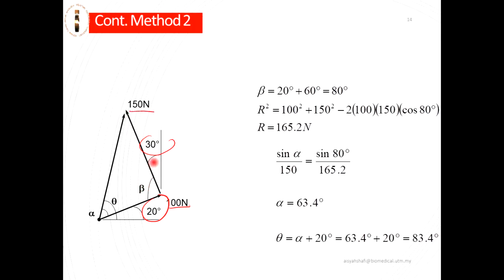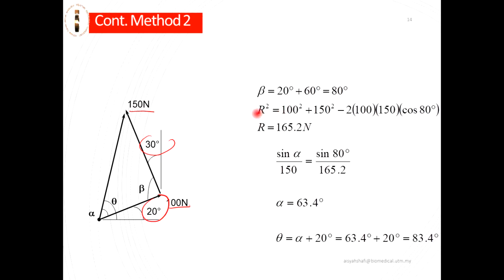So okay, for example here, this is beta. Based on the formula, this is the cosine formula.